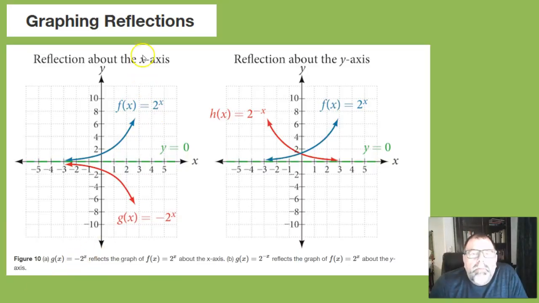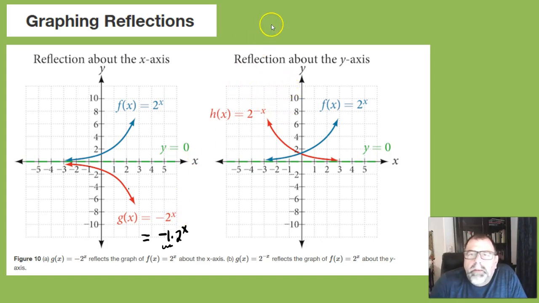Okay, so graphing reflections. Reflections about the x-axis. If we times this by -1, that's going to take it and flip it over the x-axis. So if we did f of x, I should have written this a little smaller. This is the same thing as -1 times 2 to the x, just to emphasize the -1. A is -1, so it flips it over the x-axis.